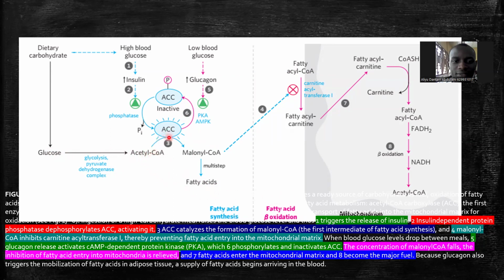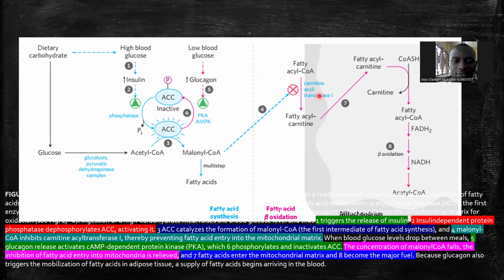Okay, so acetyl-CoA carboxylase is the enzyme that plays a significant role in the first step of fatty acid synthesis. It converts acetyl-CoA to malonyl-CoA, all right? And this leads to the production of fatty acids through different steps. Now, this malonyl-CoA is known to inhibit carnitine acyltransferase 1.